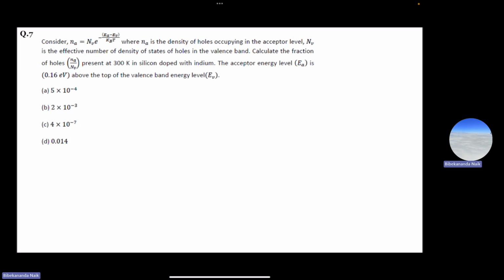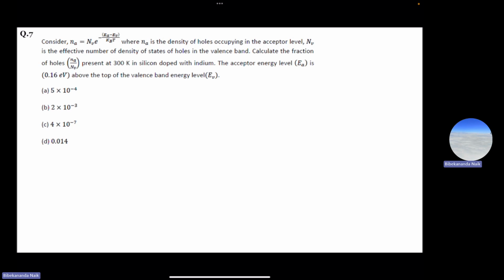So this question is exactly similar to the previous question, but here we are considering the case of a p-type semiconductor because there are acceptor atoms and an acceptor level here, and the difference between the acceptor level and the valence band level is 0.16 electron volt.